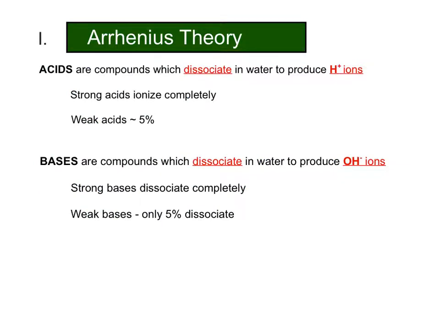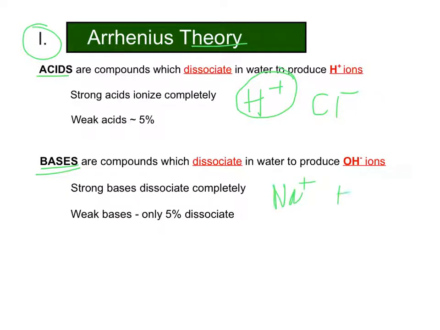We're going to be talking about theories of acids and bases, and there are two main theories we're going to hold you responsible for. The first is Arrhenius's theory. He said that acids are compounds that, when placed in water, dissociate and produce hydrogen ions, and bases are compounds that, when placed in water, produce hydroxide ions.